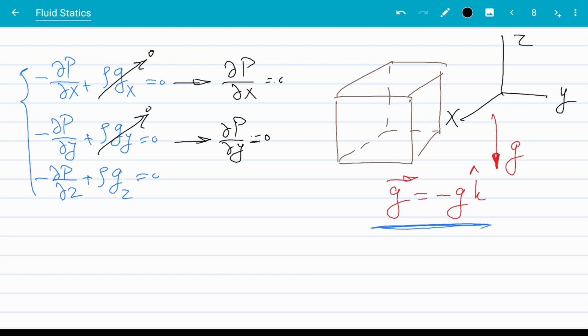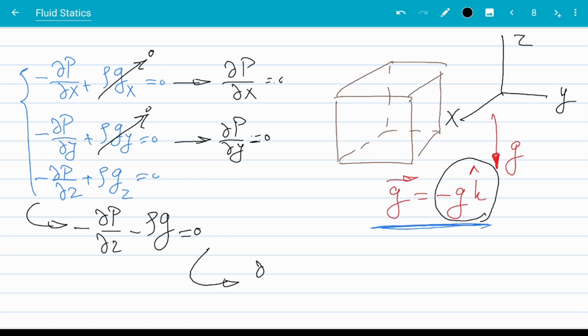Now, what about the z direction? g_z, or the z component of the g vector, has some value. So let's plug that here in this equation. I get negative partial p partial z minus rho g is equal to 0, or partial p partial z is equal to negative rho g.